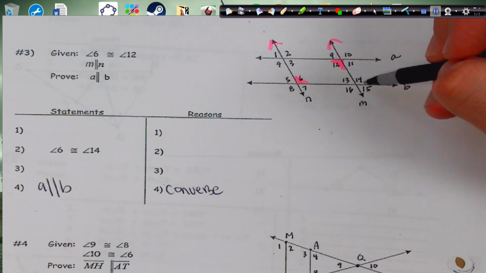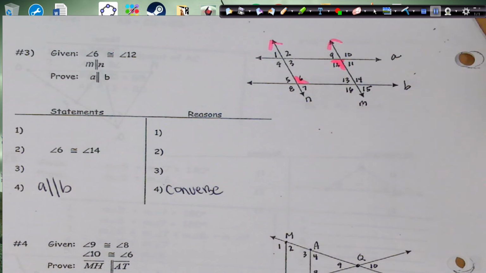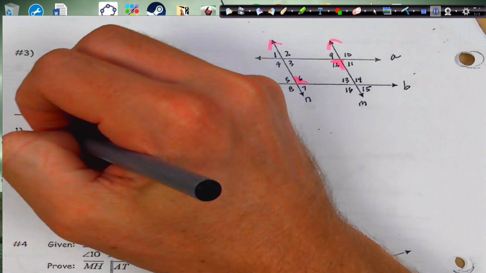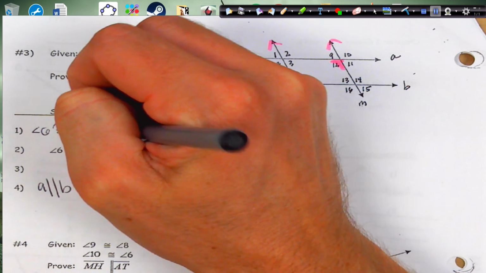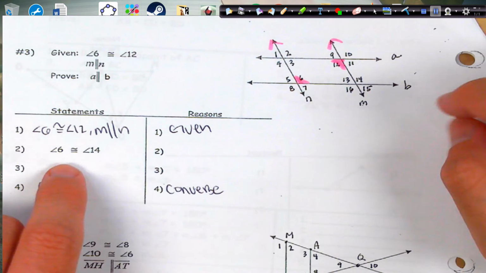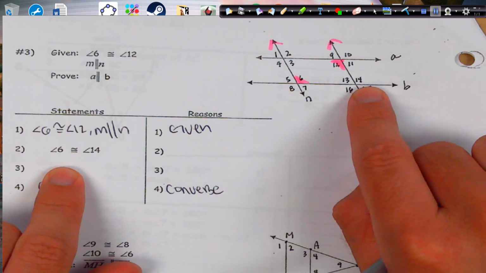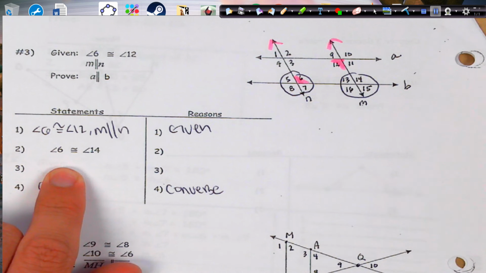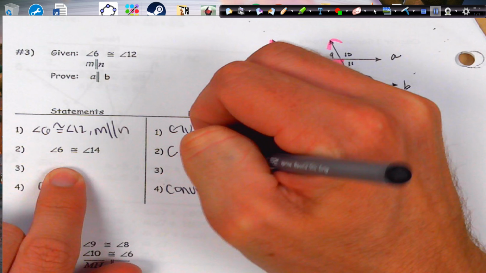And if 6 is congruent to 14, that means 14 must be congruent to 12, and we can use probably a converse there. So let's go ahead and get our statements in there. Angle 6 is congruent to angle 12, and M is parallel to N. That's all given information. 6 is congruent to 14. Well, the reason why I know that 6 and 14 are congruent is if they're sitting at a table, 6 and 14 are in the upper right corner, so that's going to be the corresponding angles theorem.